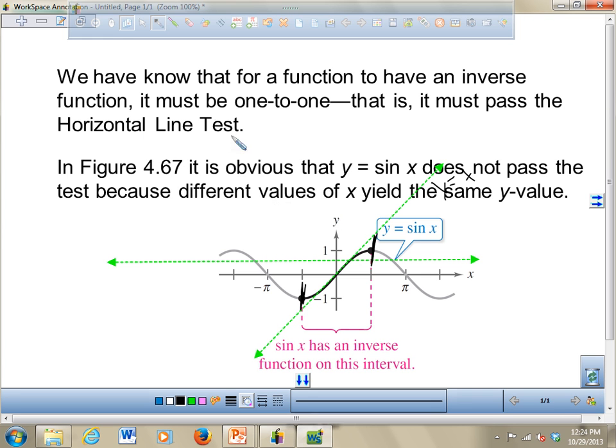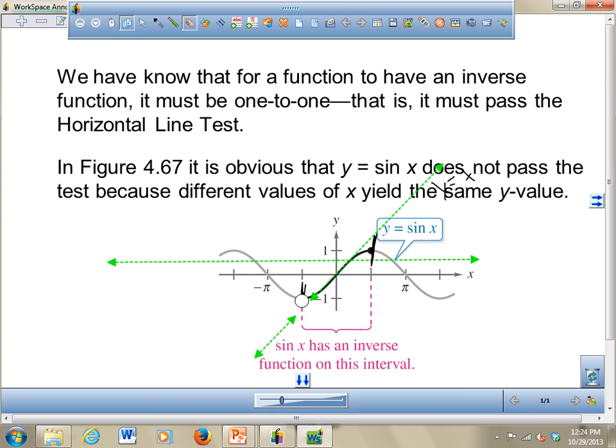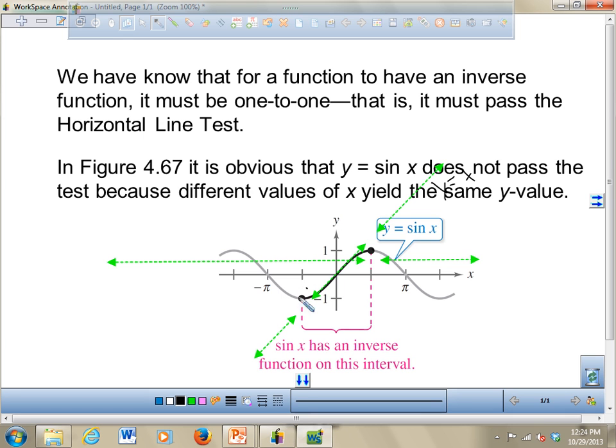And so what they do is they restrict the domain of the function. So for sine of x, the range is -1 to 1. They restrict the domain from, what value would this be if this were y equals sine of x?